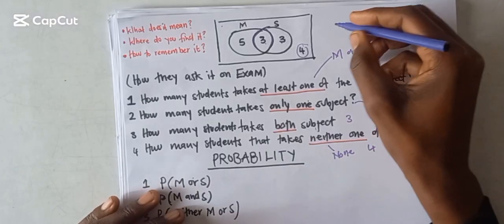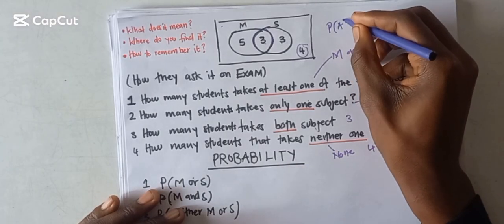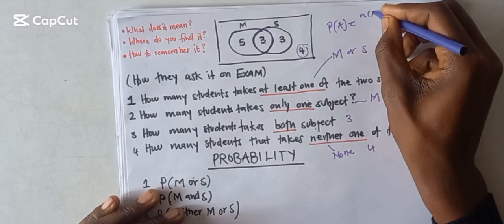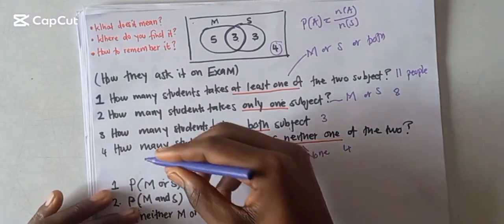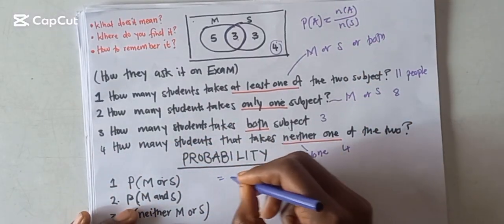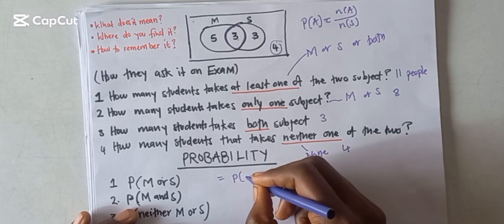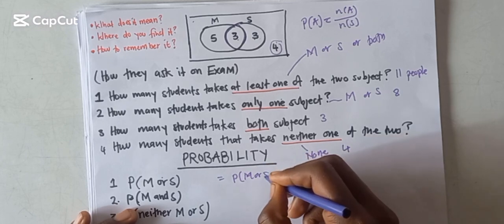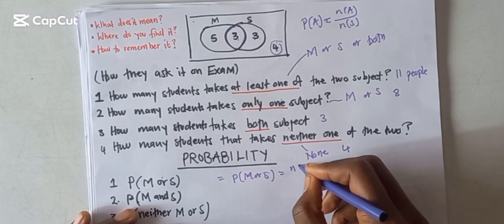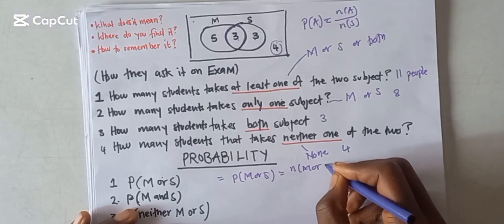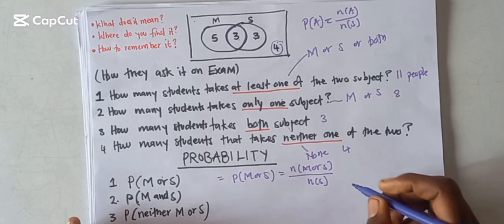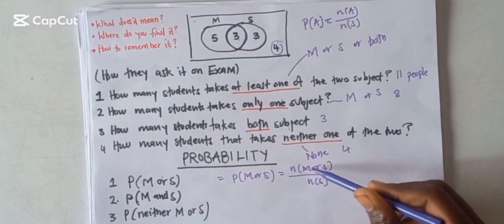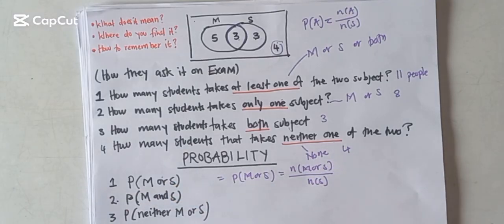So how do we find the probability? We know the formula: the probability of A is equal to n(A) divided by the total number of the sample space. So the probability of M or S is going to be n(M or S), divided by what? The total number of the sample space. The total number of M or S, where do we find it?